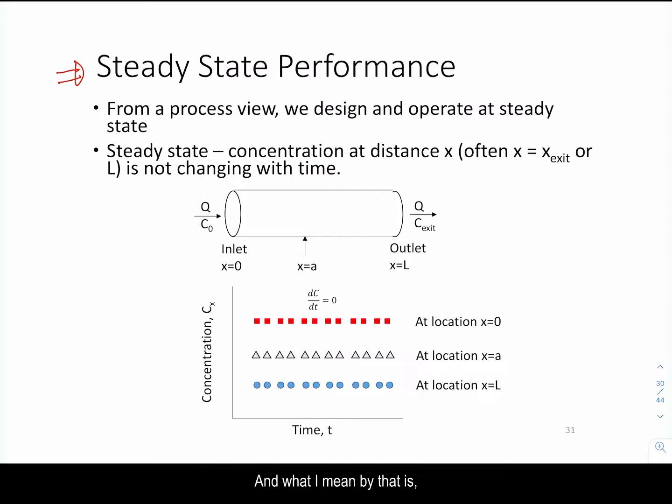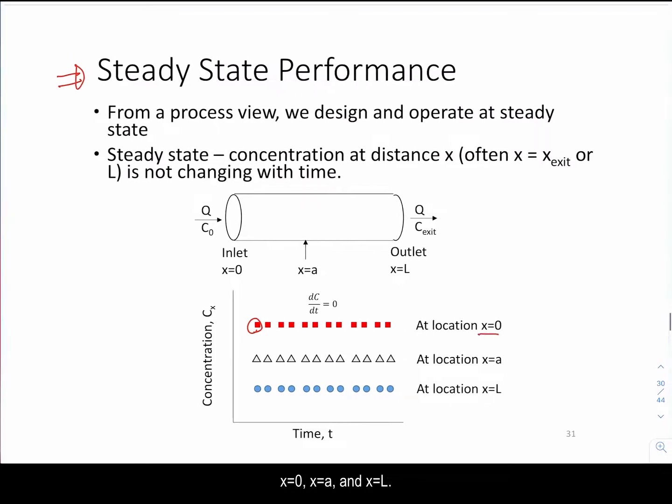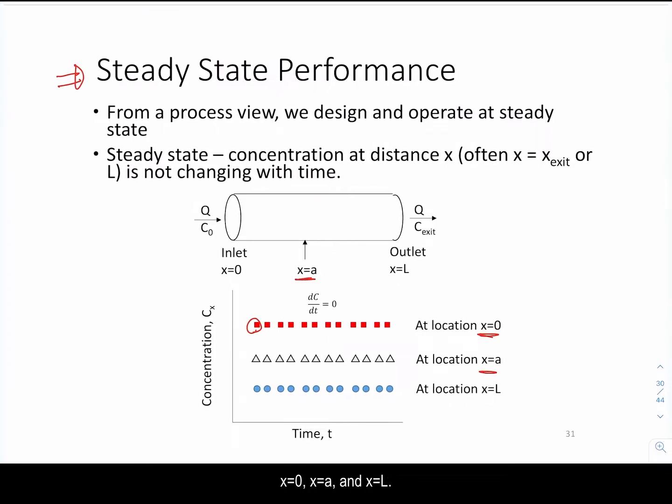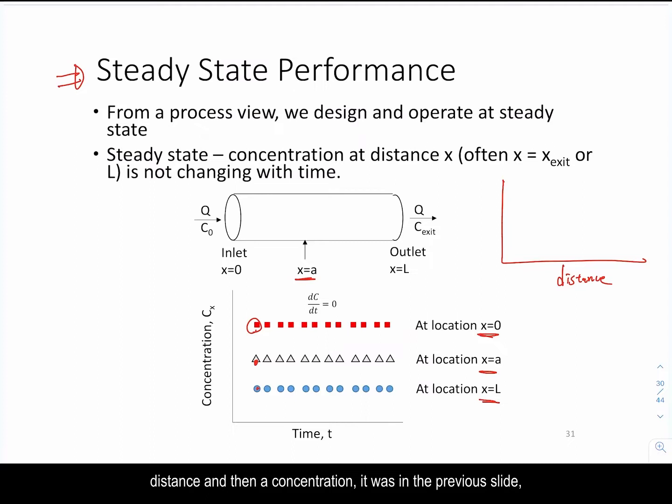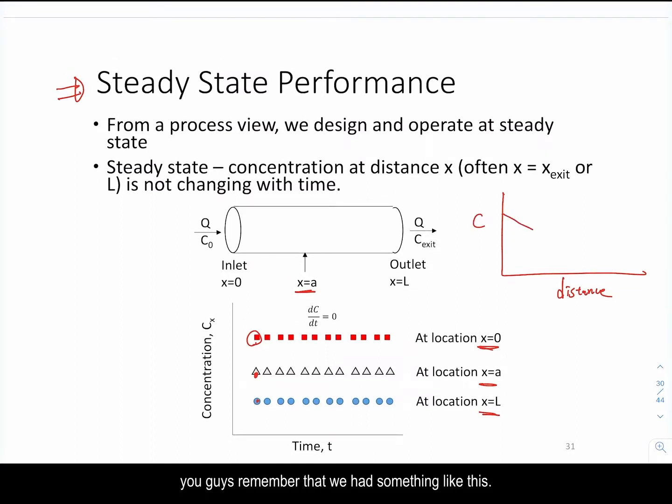What I mean by that is, let's say I have this pipe reactor, and I focus on the concentration in different places, x equals 0, x equals A, and x equals L, and they might change like this. You guys remember in the previous slide that if I plot distance versus concentration, we had something like this.